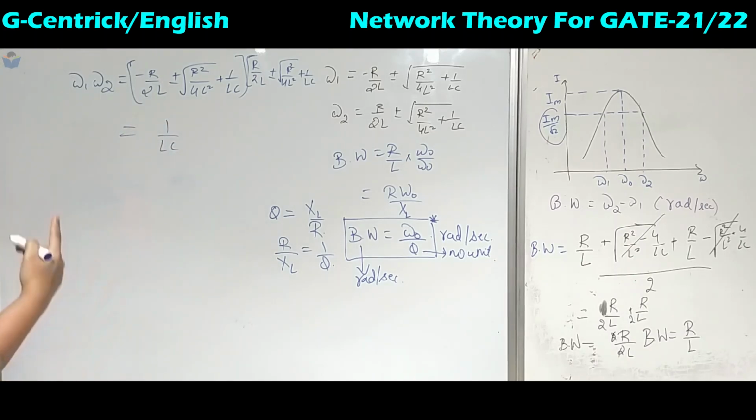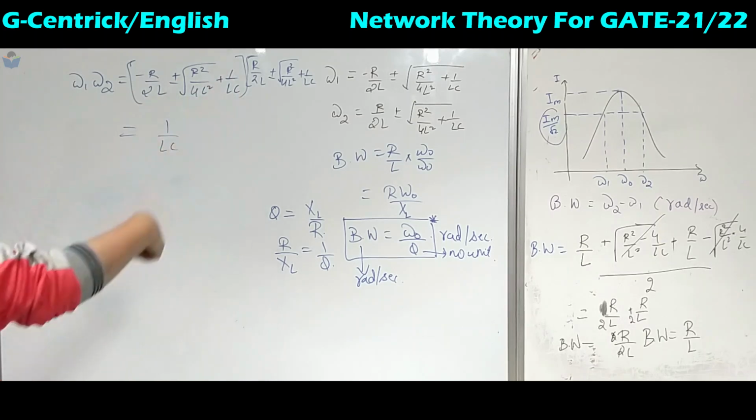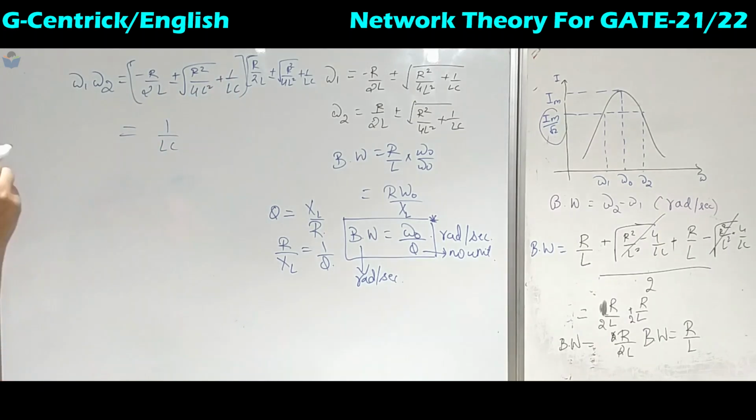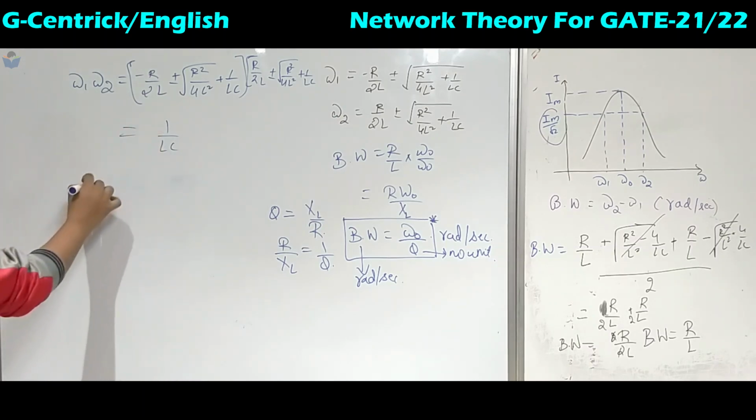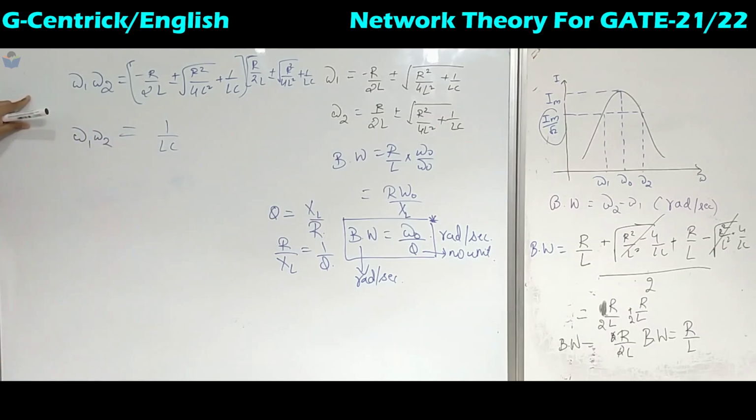When you simplify this, the roots get cancelled out and you will get 1 over LC. So omega 1 into omega 2 is 1 by LC.